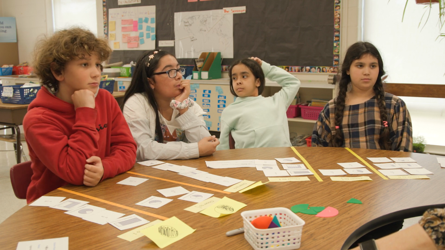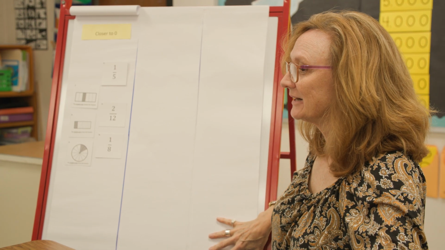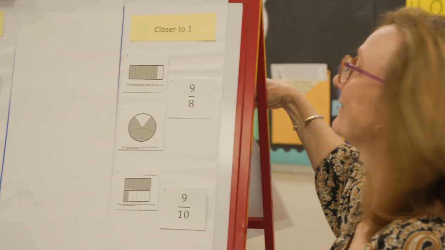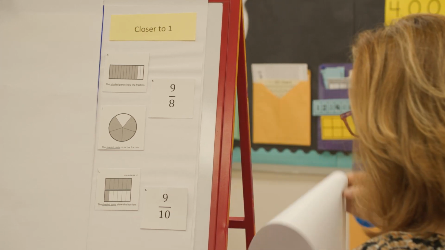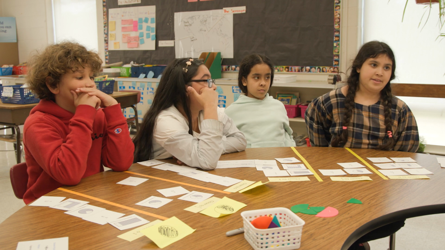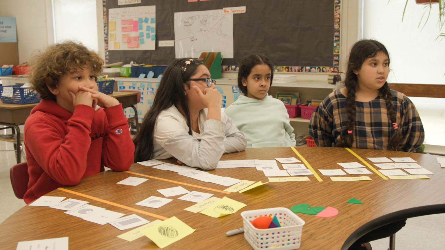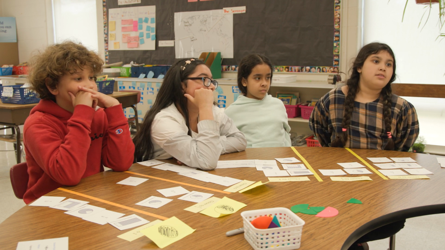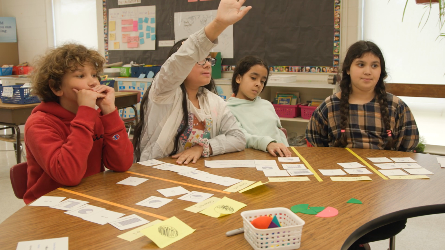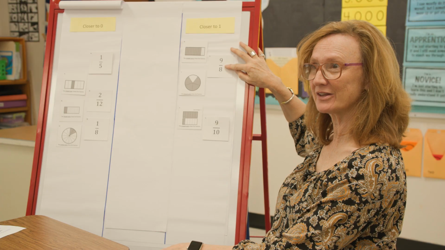Okay. Shall we look at closer to 1? All right, let's look at closer to 1 and see if you notice something also. I noticed that the 9/8, the numerator is bigger than the denominator. And what does that tell you when the numerator is bigger than the denominator?